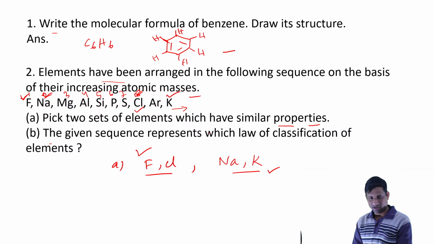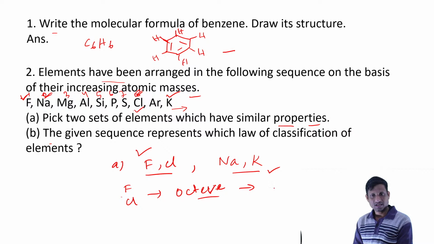So basically if we arrange them in a period, this will come under fluorine. So basically this group will be fluorine, chlorine, and this is like an octave.